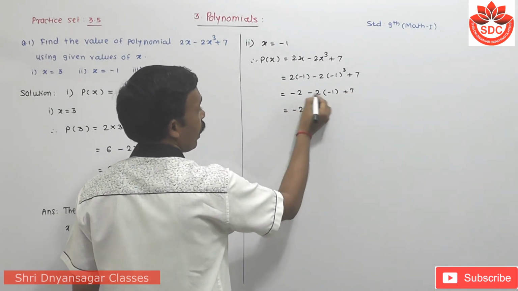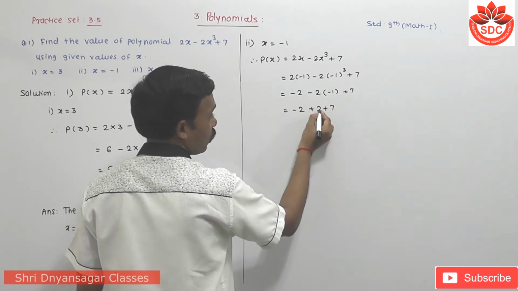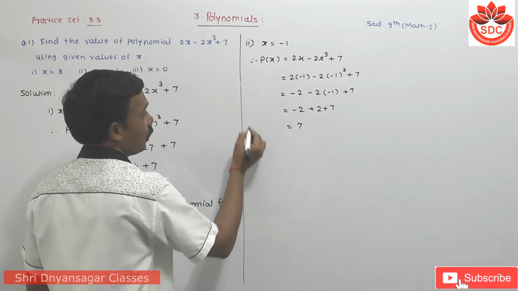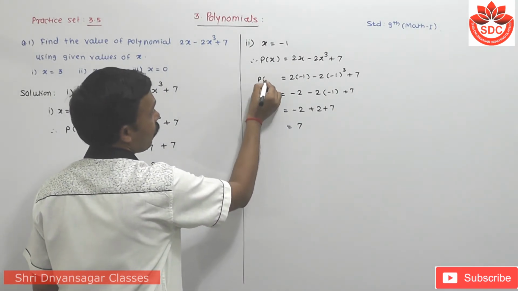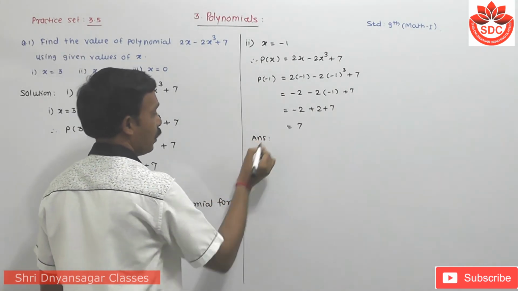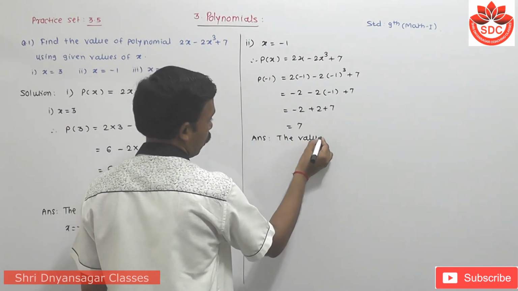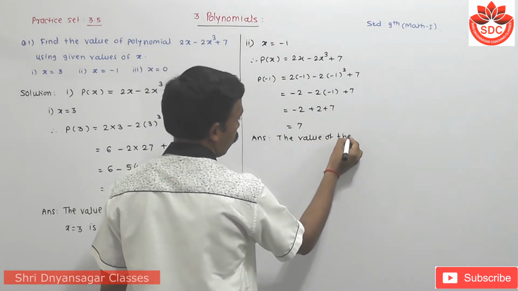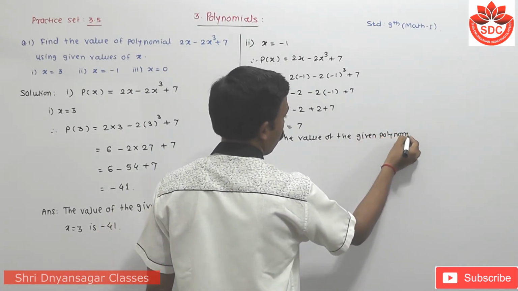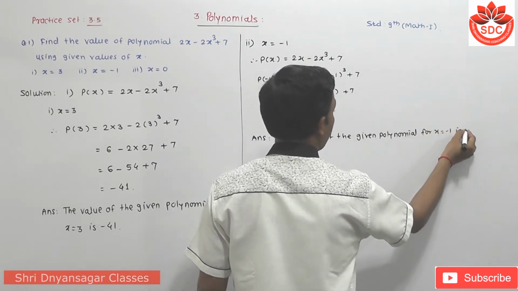This is minus 2 minus minus 2, that is plus 2, plus 7. Minus 2 plus 2 get cancelled and it equals 7. So this value is for p(minus 1). Therefore the answer: the value of the given polynomial for x equals minus 1 is 7.